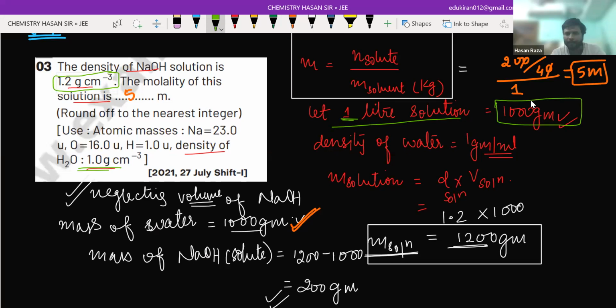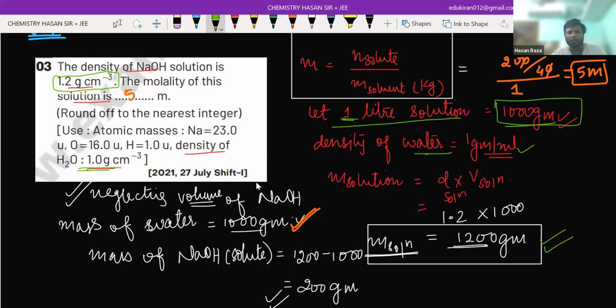You can see density of water is this much and mass of solution. You can easily calculate since you have considered this volume as 1 liter, 1000 gram. So in this way, mass of solution is 1200 gram.